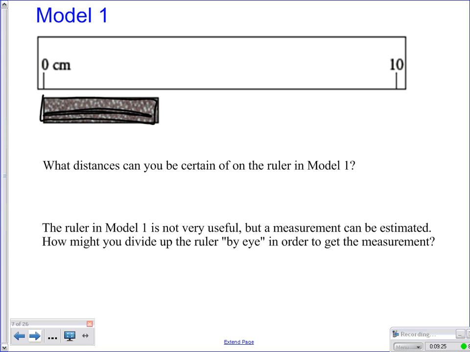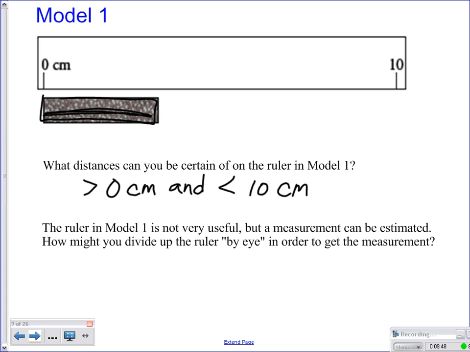What can you be certain of? Well, I'm going to go ahead and answer that. It's going to be greater than 0 centimeters. We also know it is less than 10 centimeters. That's really all that ruler allows us to look at because of those little increments, those marks on there.